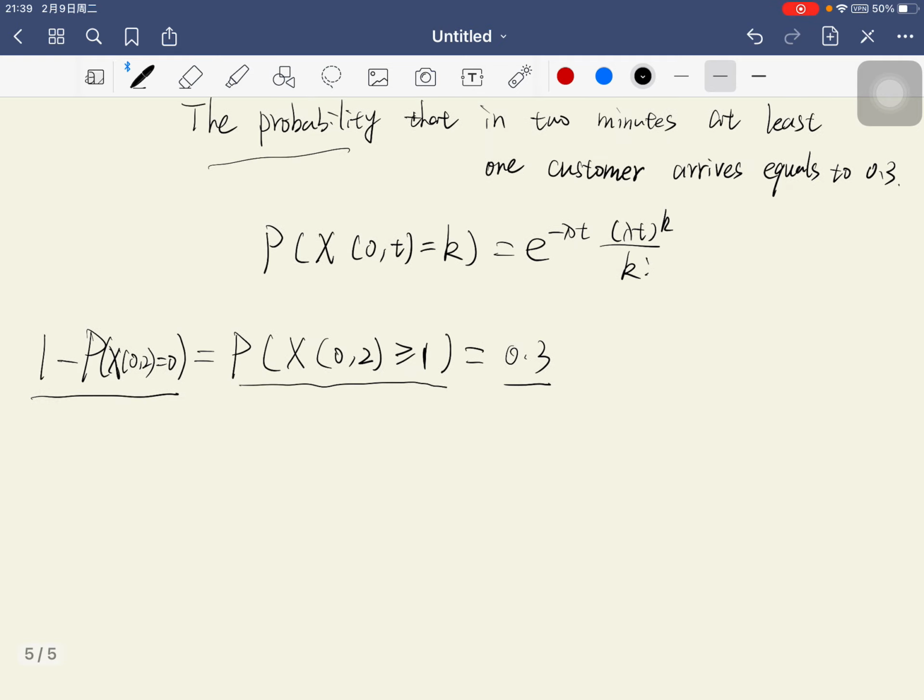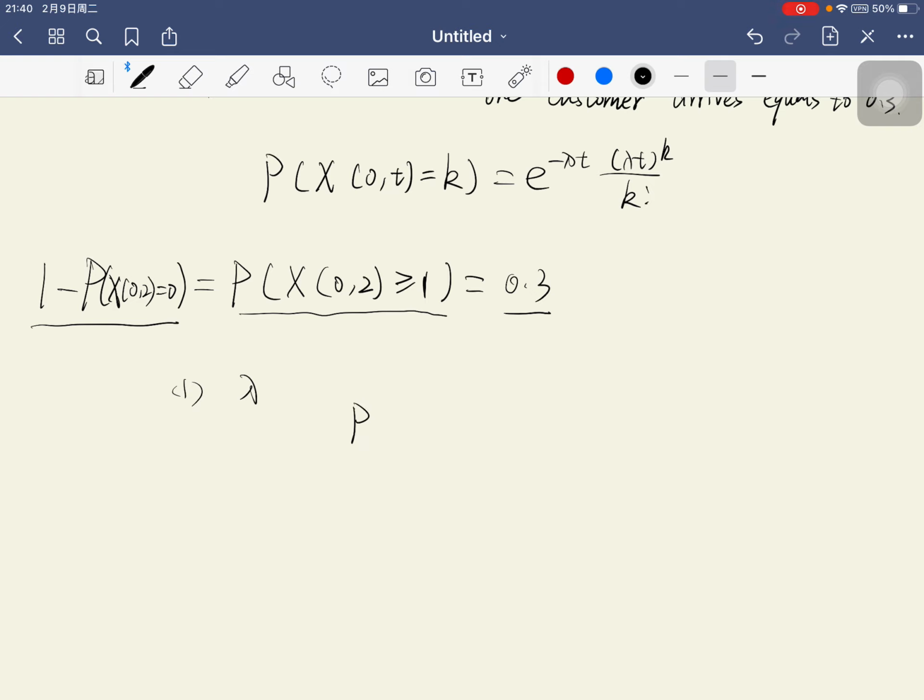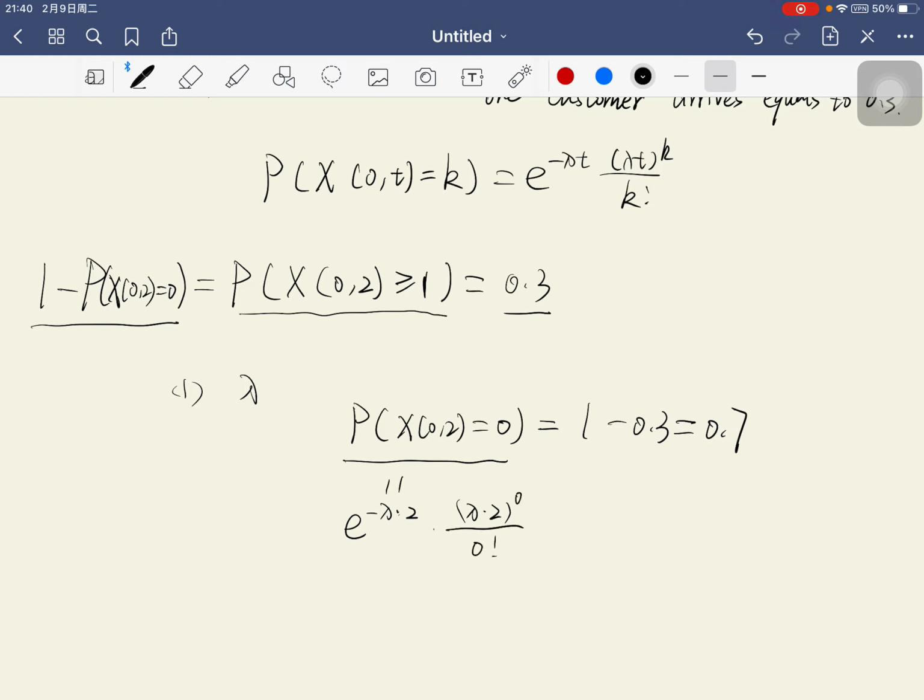For question 1, we want to find the lambda. Using this condition, we could compute the probability of X in 2 minutes equals 0 as 1 minus 0.3, which is 0.7. Using the function, it is equal to e to the power of minus lambda times 2 minutes, times lambda times 2 minutes to the power of 0 customers over 0 factorial, which is e to the power of minus 2 lambda times 1, equal to 0.7.